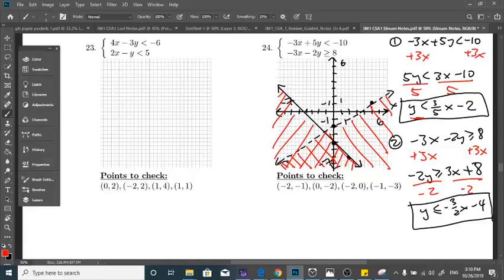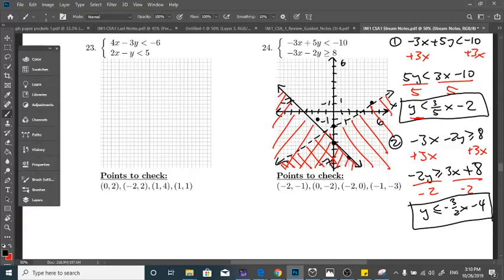So let's just check some things. So if we have, for example, -2, -1. Is this point part of the solution set? Meant to do that in black. Okay. Is this part of the solution set?